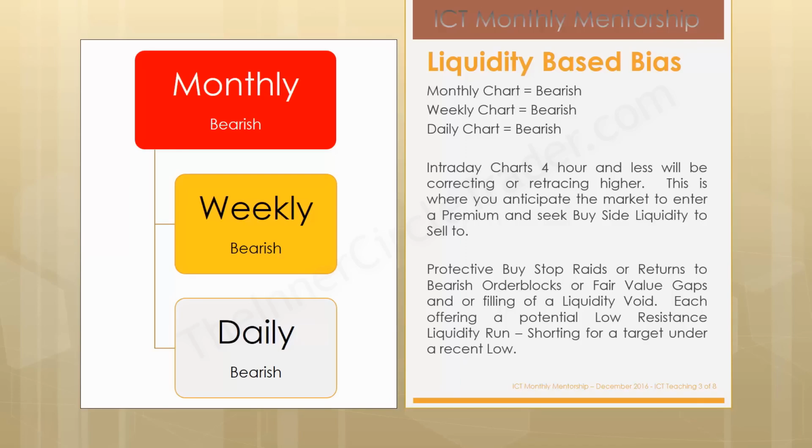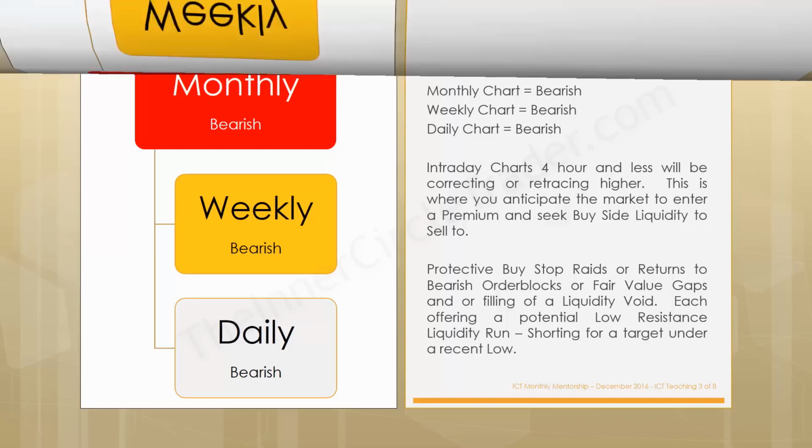So the weekly chart will require a much longer time period to change direction versus the daily chart, which can go up and down multiple times and still maintain the bearish nature of the weekly and the monthly. And obviously the monthly takes a long time to change directions, and that's where the power of what I'm going to teach you in this module comes in.